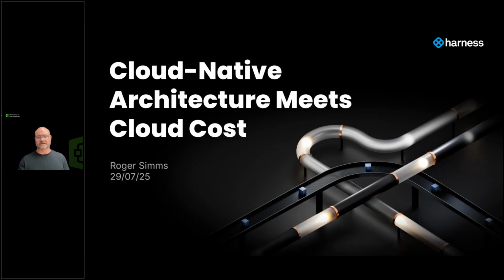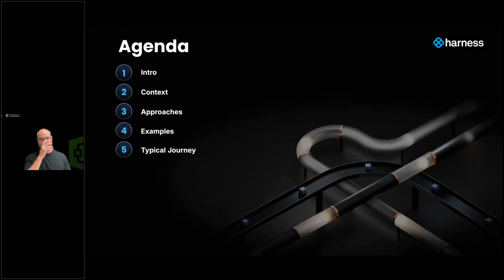Today's session will take a fairly short run through the intro, some broader context about what we mean by these terms and what we mean by cloud spend and cost, the two approaches that are commonly seen out there, and then a bunch of examples to help us improve the predictability of what we're expecting to see. Then we'll land on a final typical journey, what we would recommend to some of our customers as they're coming on to our IaCM product.